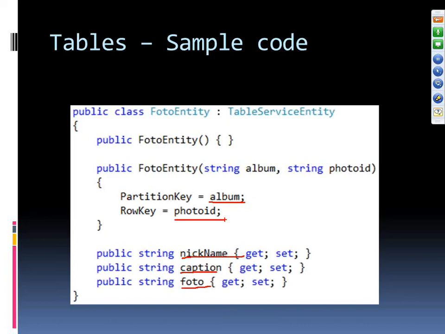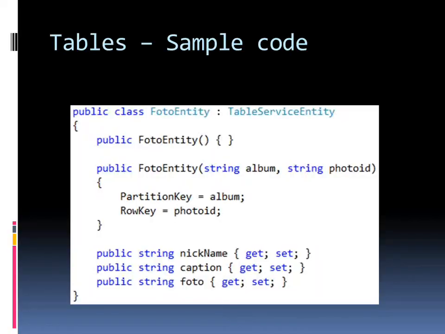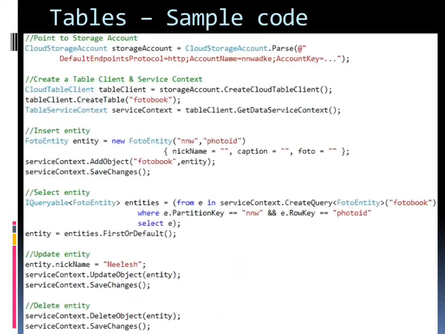So here I don't have to create another property for album and photo ID. I simply assign the album and photo ID to partition key and row key, so that in every album I have a unique photo ID. So you have this photo entity class which works as an entity mapping for my table storage, and then come the standard steps that we follow.